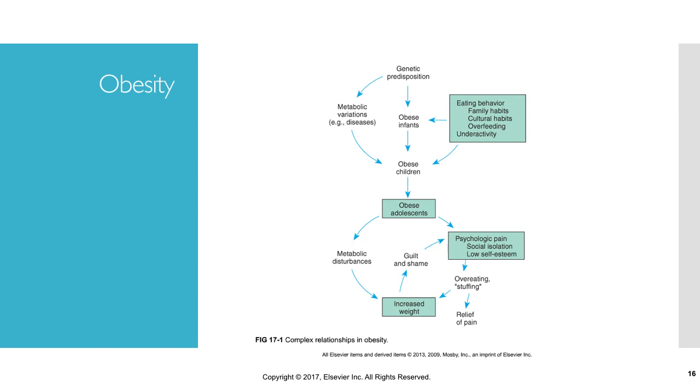So if we have a predisposition for obesity, often the infant is also obese. The other thing that can make for an obese infant is the eating style of the family. One of the things I see, especially with bottle-fed babies, is that a family will put an ounce of formula in the bottle because the kid's been taking an ounce.